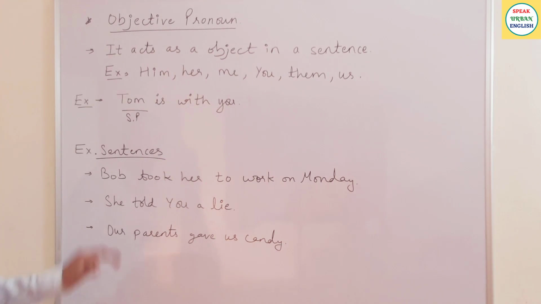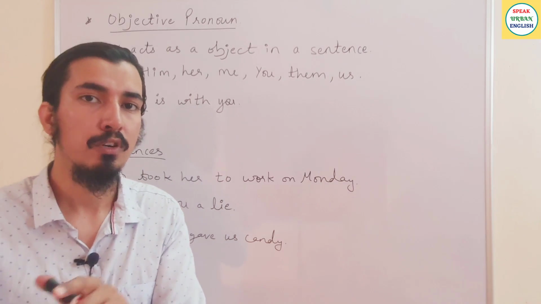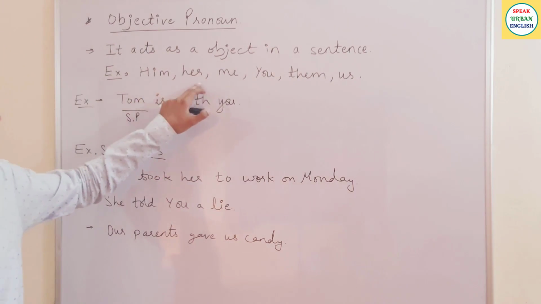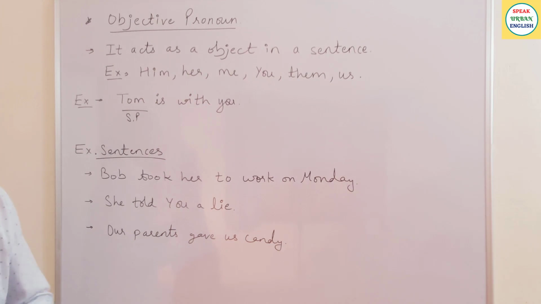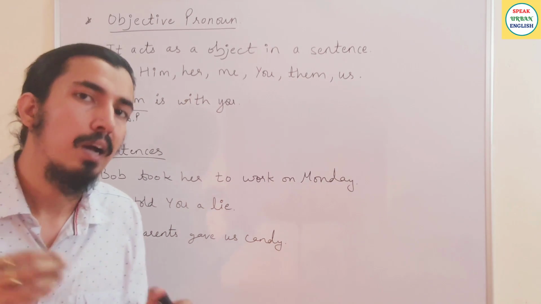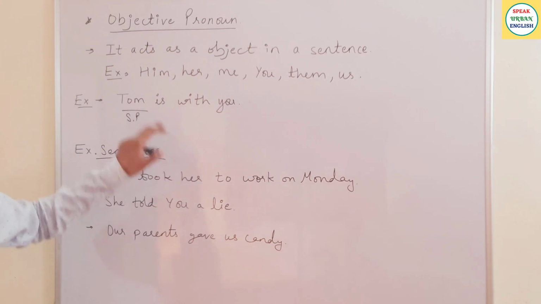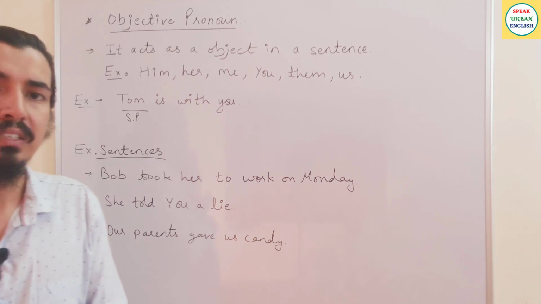If I say Tom is with him, him again is an objective pronoun. Tom is the subject. Tom is with him if he is a boy. Tom is with her if she is a girl.